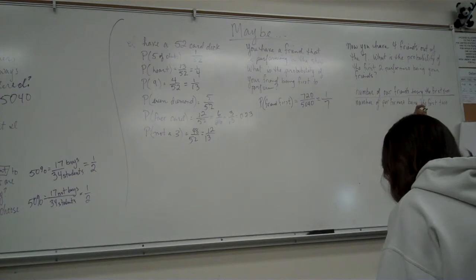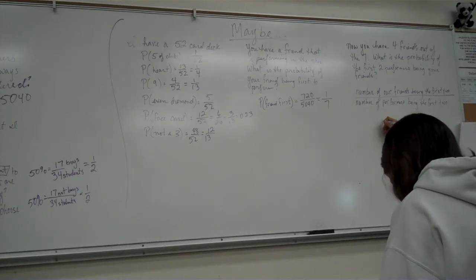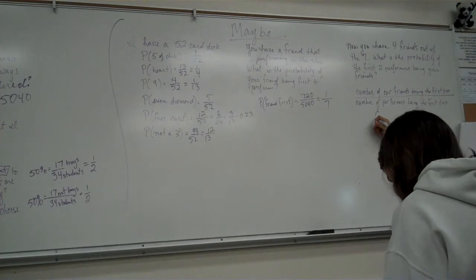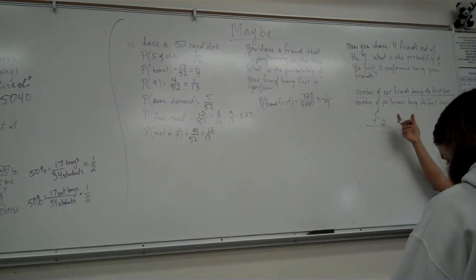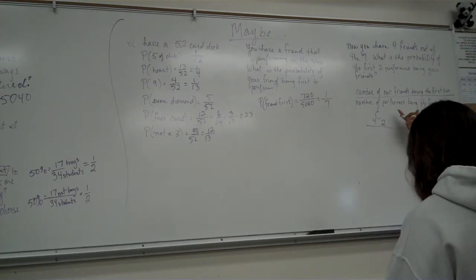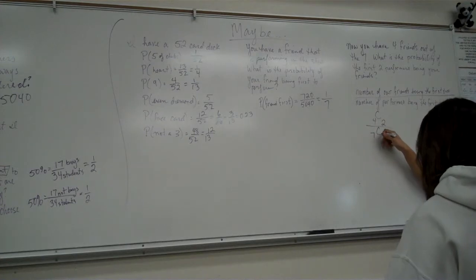Combination. Okay. And we're taking out of how many? We want 2, so we're going to choose 2 out of how many friends do we have? 4. Divided by the number of performers being the first 2. 7 choose 2.